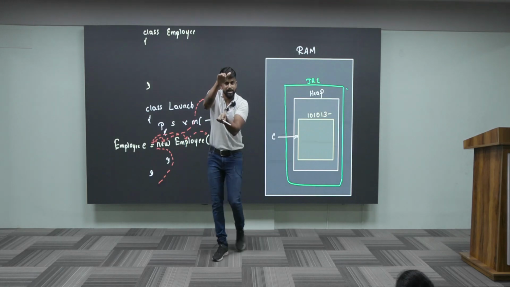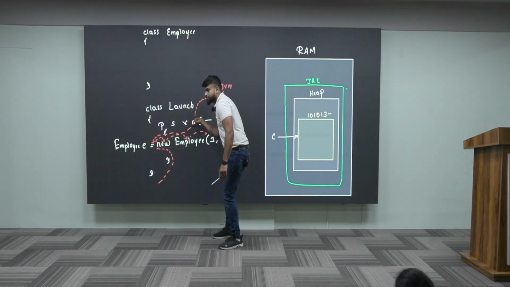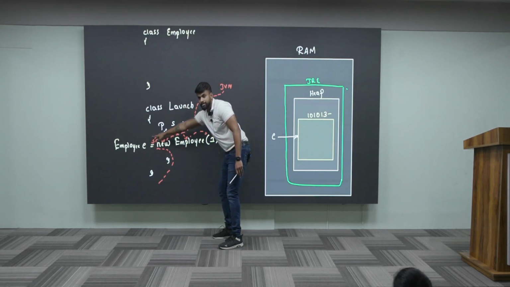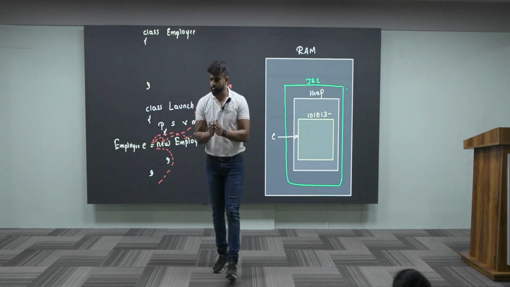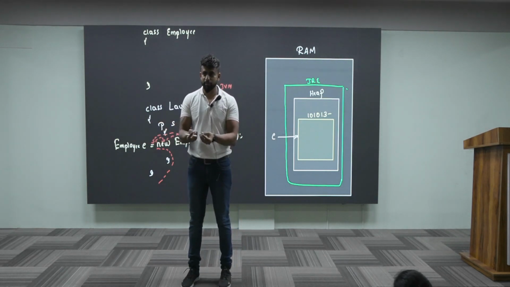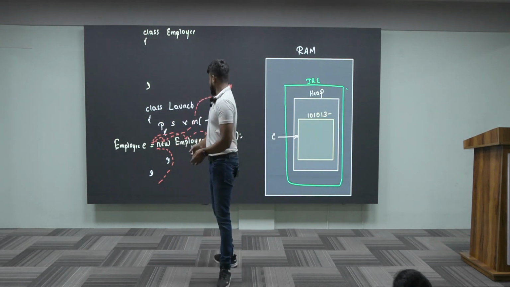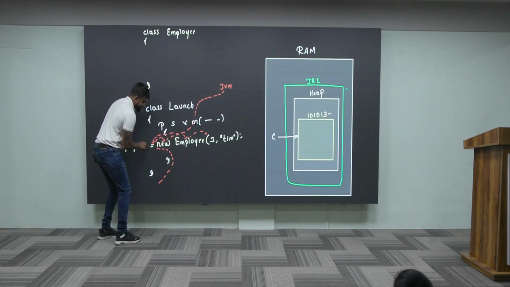Tell me, inside the main stack frame, what do you have? E. See, I am not teaching something new. I cannot start here saying welcome to today's class, Java full stack web development. You should be knowing all of this. So E, what is this? E is the reference. Where is it present?